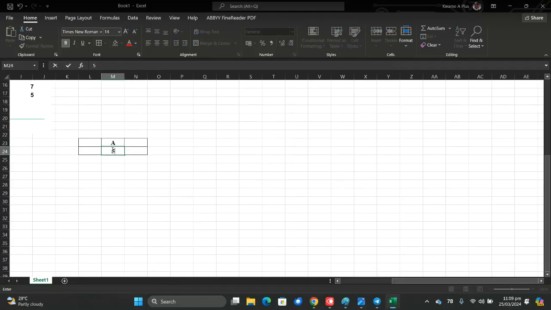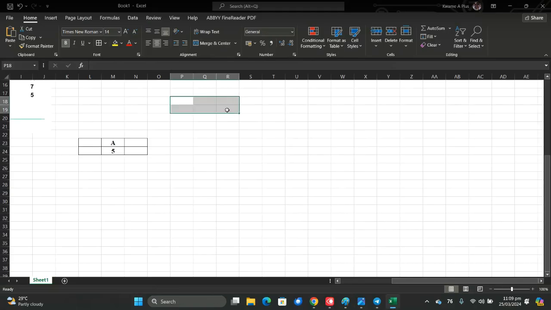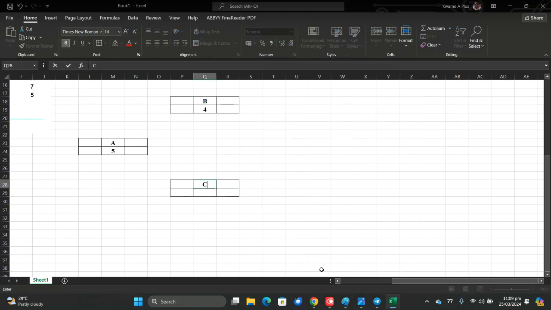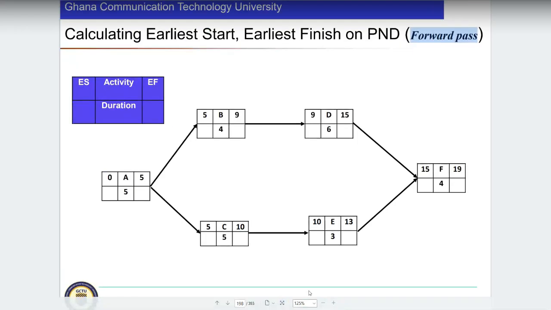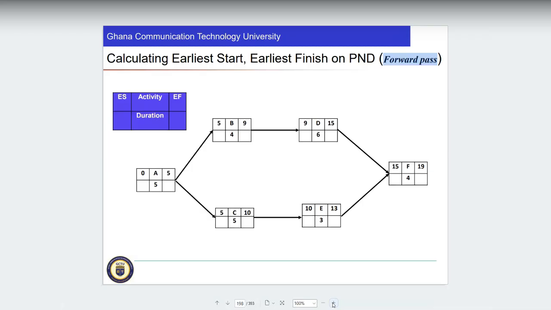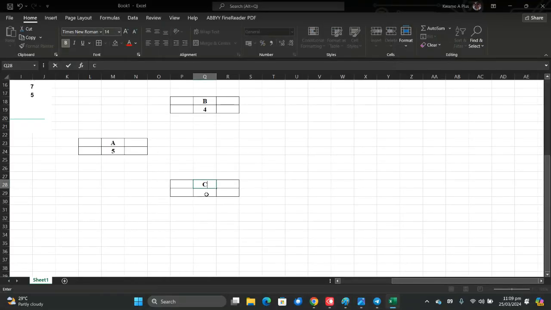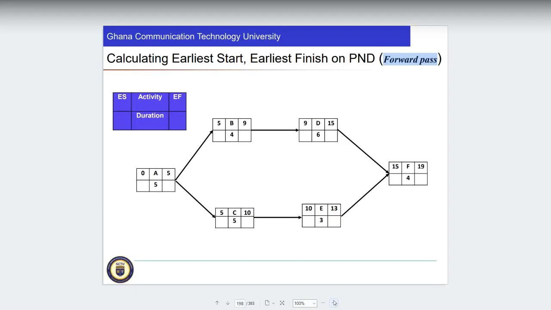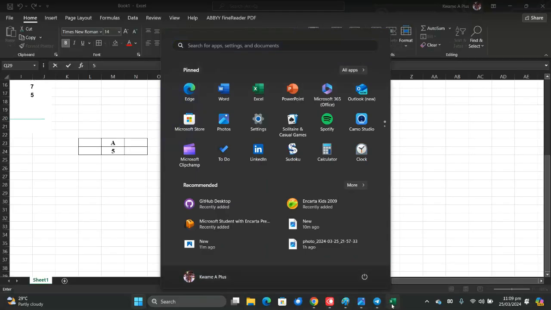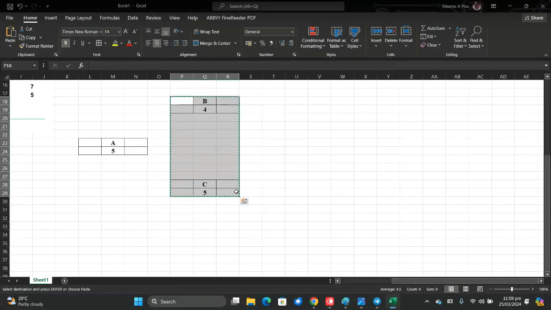A is 5. B is 4, right? And then C is 5. And then D and E, on the same lane.